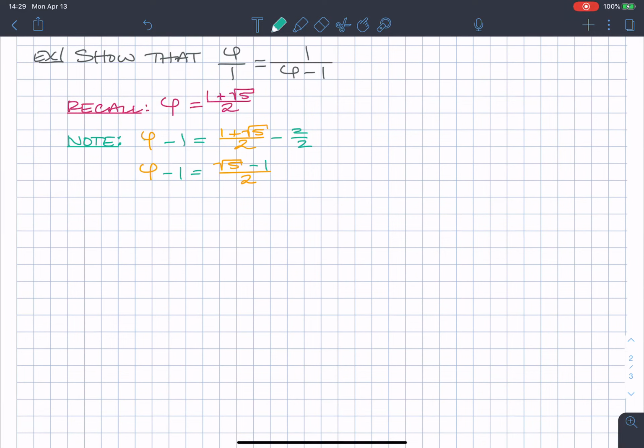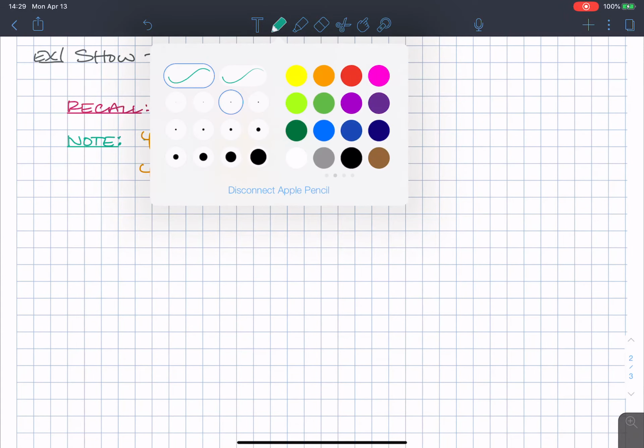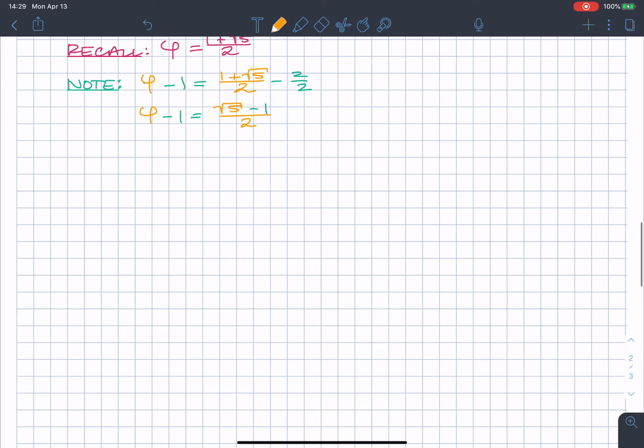Consider, if I have that phi minus 1 is equal to the square root of 5 minus 1 all over 2, then this implies that the reciprocal, 1 over phi minus 1, I just flip everything upside down, will be 2 divided by the square root of 5 minus 1. Just flipping both fractions upside down.